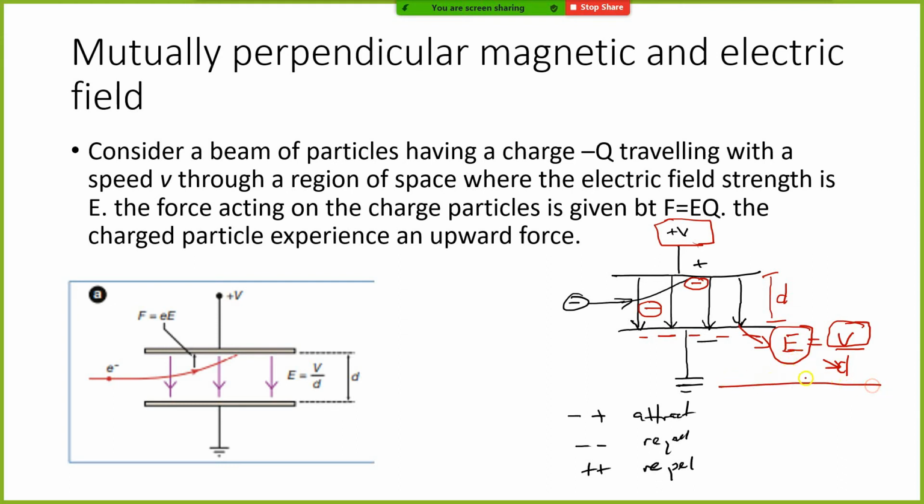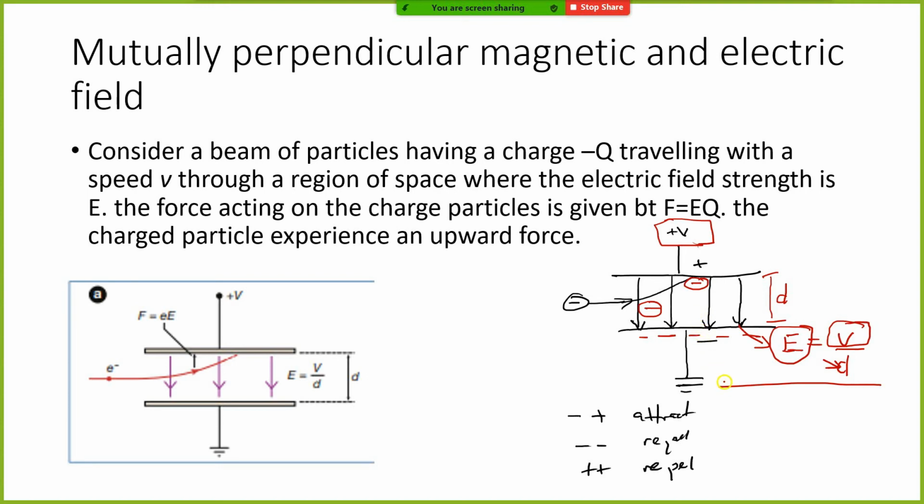Now, we talked a while ago about the force that the electron would have been experiencing as a result of the negative plate repelling the electron. We can actually calculate and find that force.